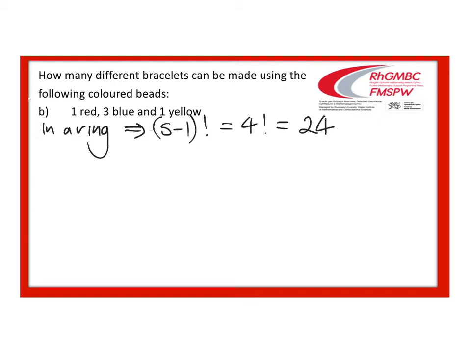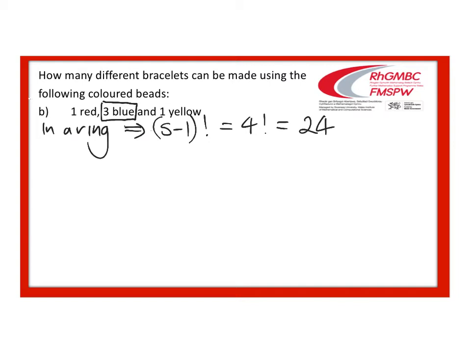But again, we've got this idea where I've got my 3 repeated blues. And what we've already seen is that if something's repeated, we want to divide through and cancel out the number of combinations created by thinking of them as 3 individual beads. Instead of blue 1, blue 2, blue 3, we're just going to think of them as blue, blue, blue.